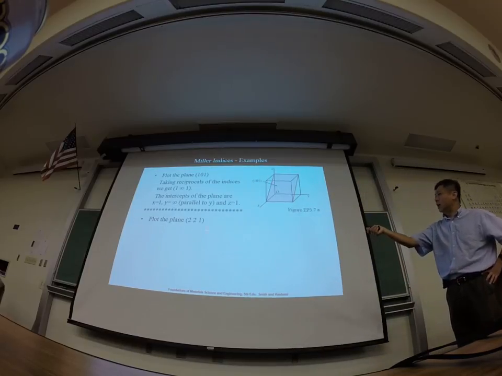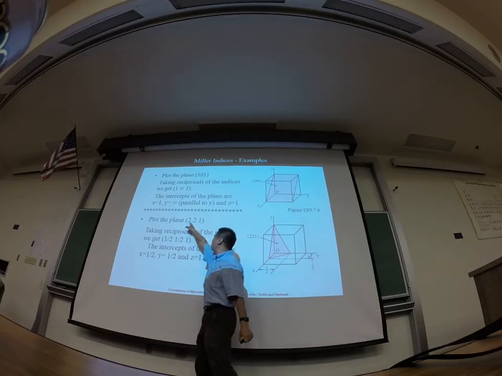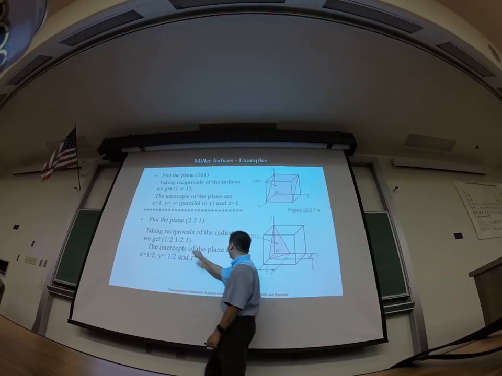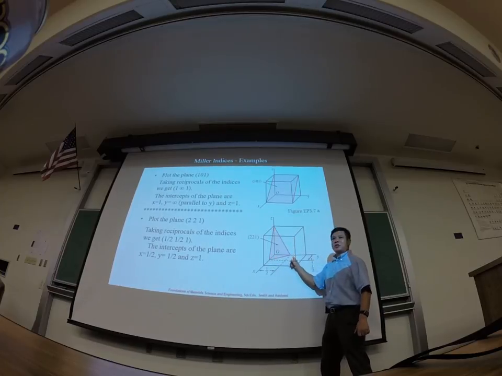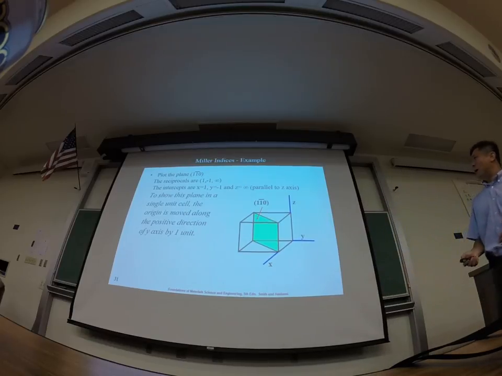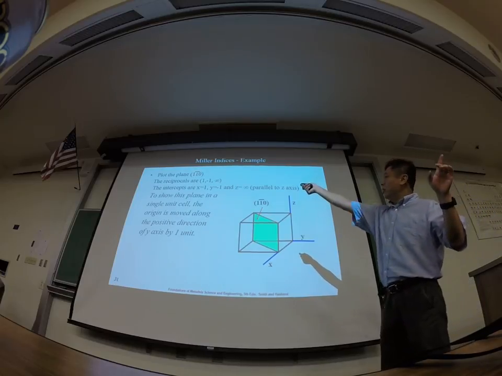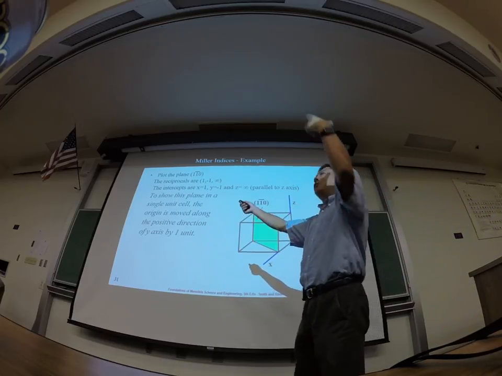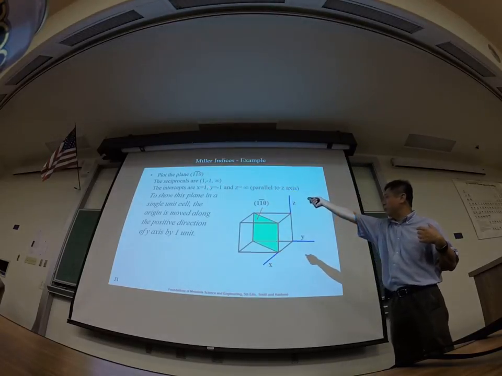And also, if I want you to do that, it is also straightforward. Take the reciprocal of these three numbers, get that, and then get a half and 1. Get these three intercepts, join the plane, and that's it, right? Once again, if there's a negative number, that means there's a bar above the number, you just treat that as -1, and then take the reciprocal, you get that.